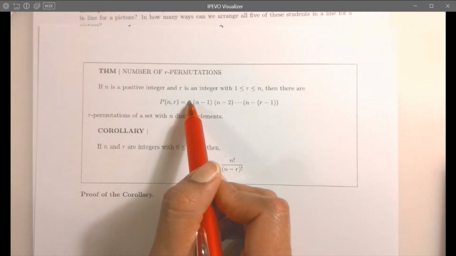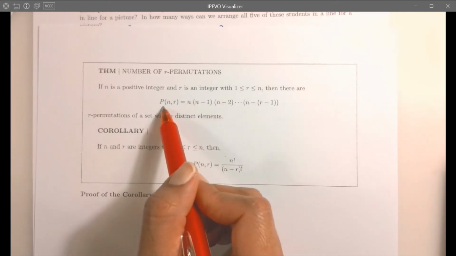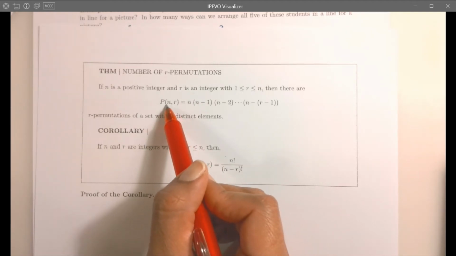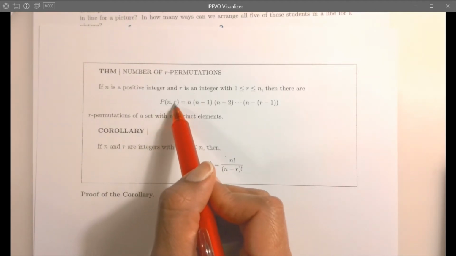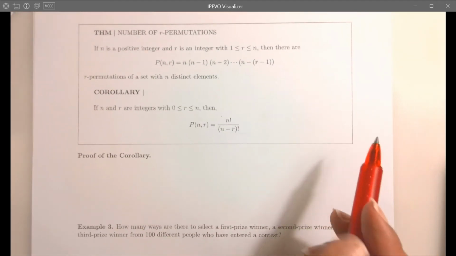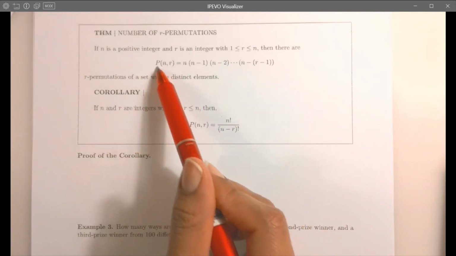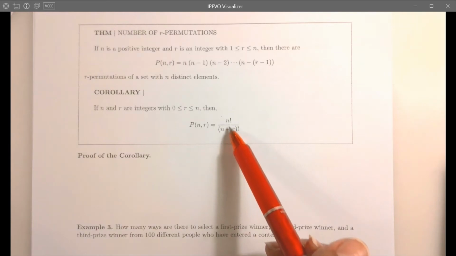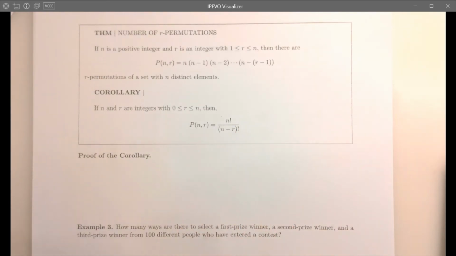The way that we denote this more compactly is P(n, r), where n is the number of distinct elements and r is the number of elements that we are picking out of n and permuting. Now the corollary says that the number P(n, r) can be written as n factorial over n minus r factorial. And we're going to show that.